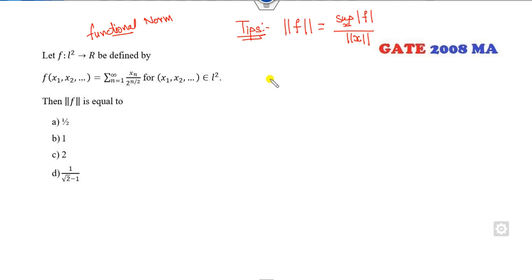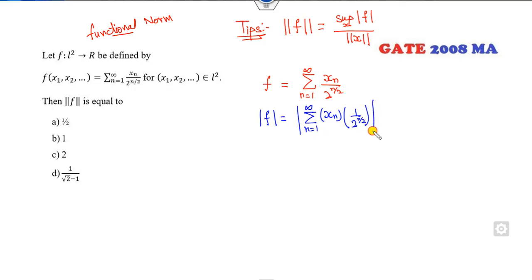Now look at that. F is given to you as the summation n is 1 to infinity of xn divided by 2 raised to power n by 2. So I can start with the modulus of this. So what is that? This is the norm here. I can write this xn separately, 1 over 2 raised to power n by 2 separately.